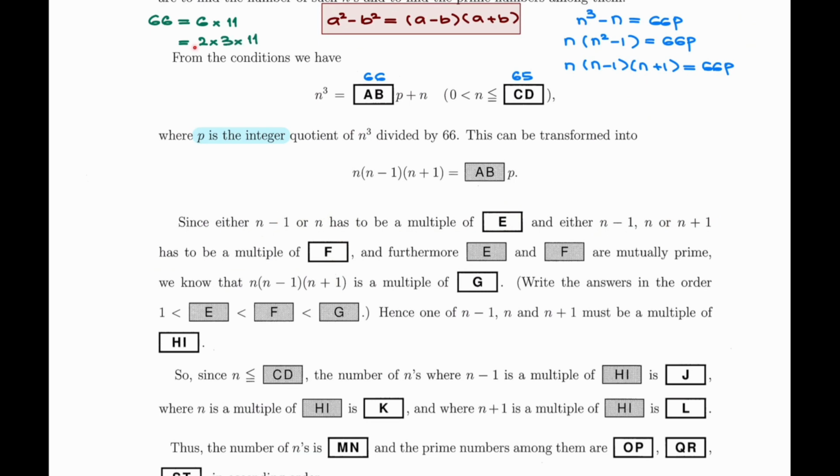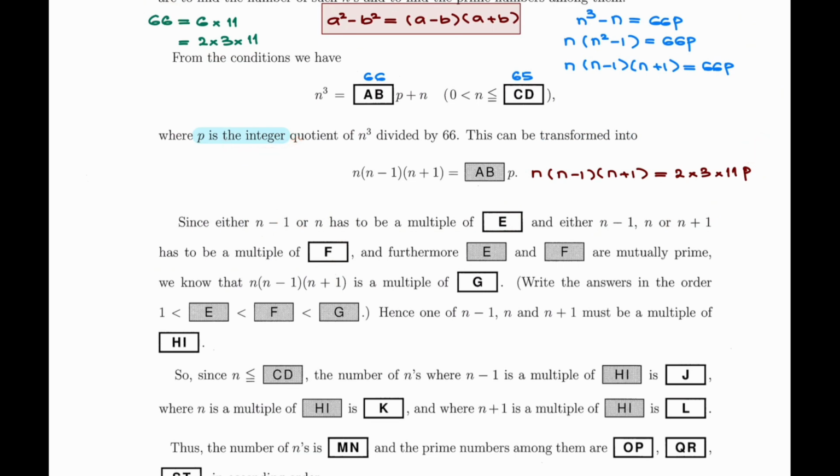This is the product of prime factors for 66. So my equation now becomes n times n minus 1 times n plus 1 equals 2 times 3 times 11 times p. Once again, you need to remember that p is an integer.